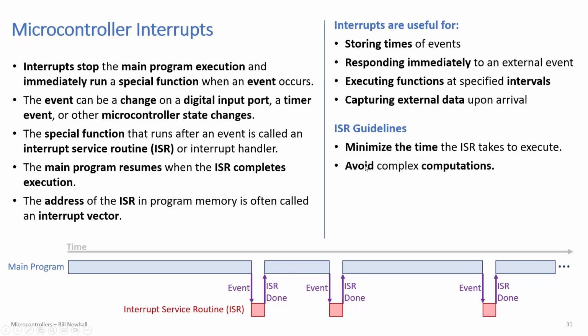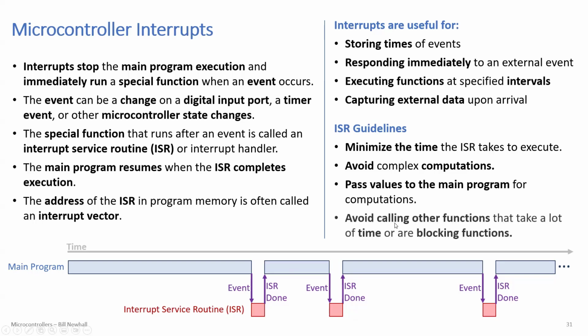You want to avoid complex computations, which can take a lot of time. If you do have complex computations or something that takes a lot of time, you want to pass values to the main program so that the main program can handle what takes time. Also, try to avoid calling other functions that take a lot of time, or try not to call blocking functions. Blocking functions are functions that just wait for something to happen, like a key press.